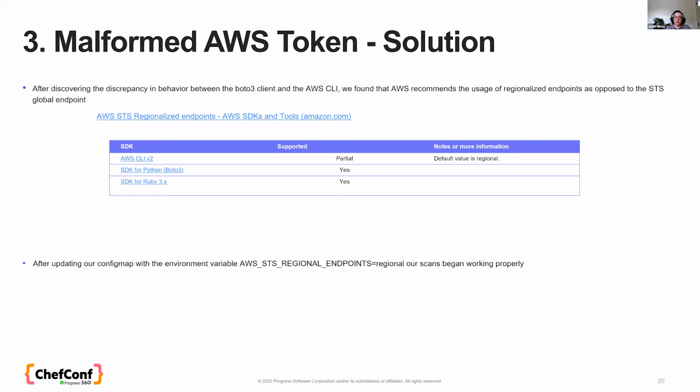We're able to change this environment variable here to use regional endpoints for the Boto3 client. Once that was done, we didn't experience the issue anymore. We were able to fix that.